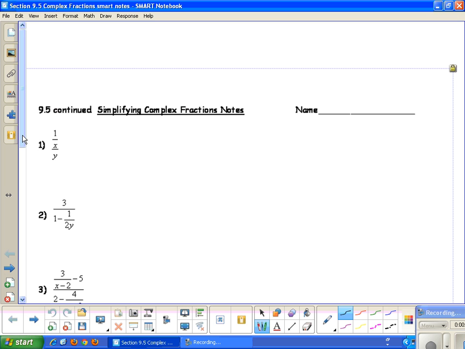So the first thing you're going to want to do is find the LCD of all the denominators.